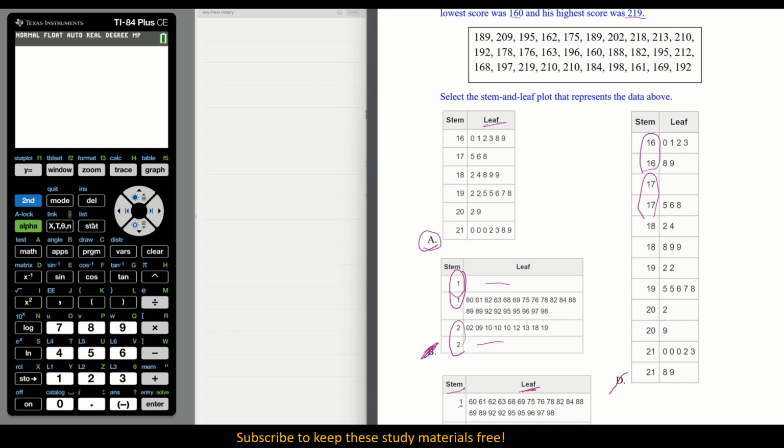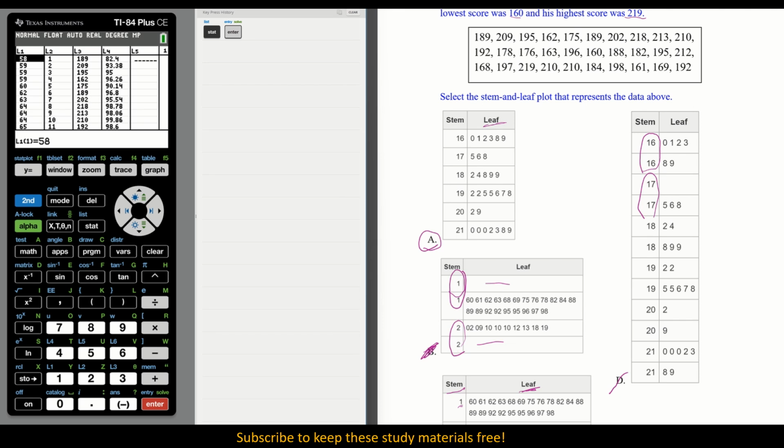Okay, so let's go look at this stat. All right, let's push enter. Now we are over here in L3. So what we need to do is sort our L3. I've entered them first off. We should have 10, 20, 30, okay, 30 data points.